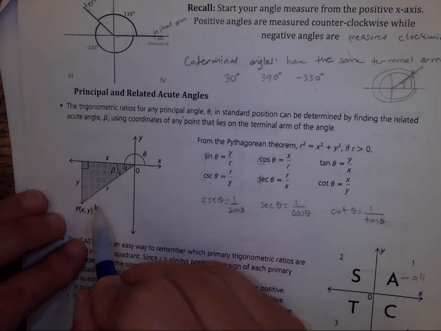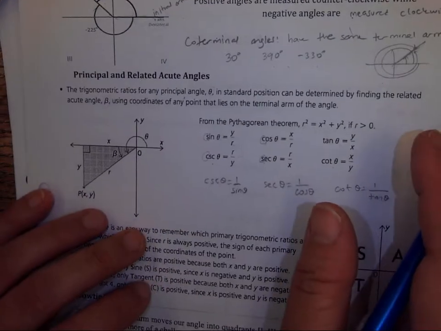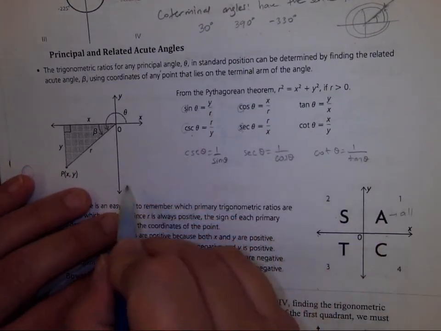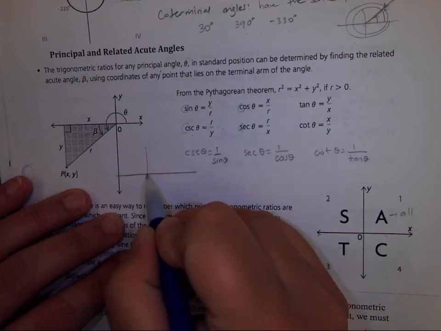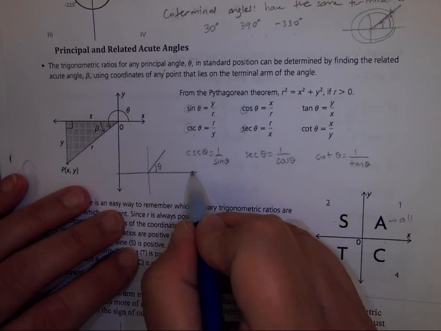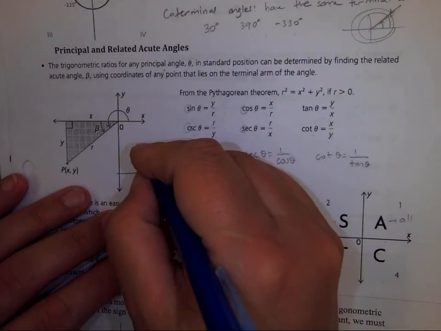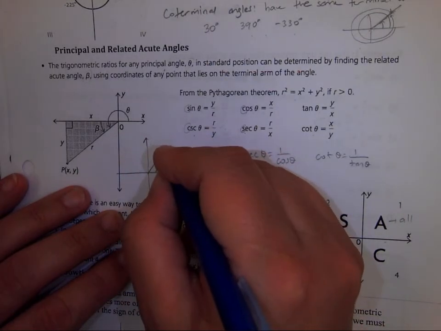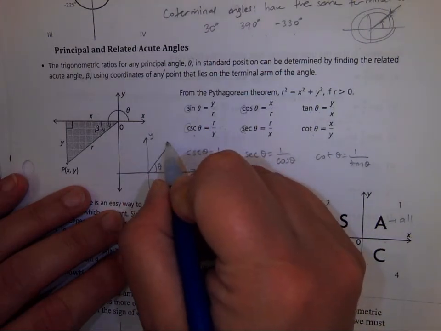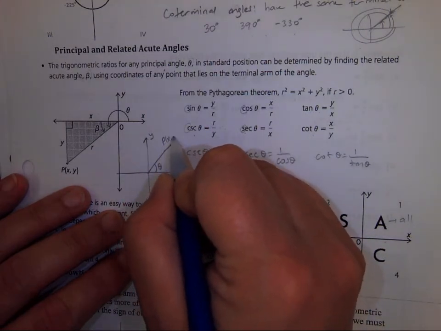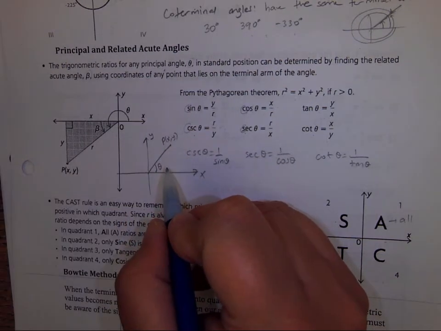Actually, it is better if we work with an angle that is in the first quadrant. It's going to be more helpful here. Let's say you have theta in the first quadrant. This is your terminal arm. Let's say we have a point on the terminal arm, x and y.